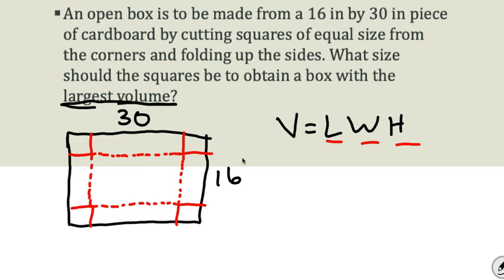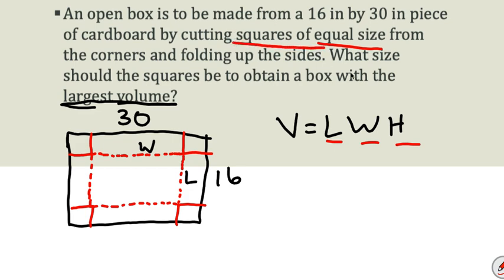So what do we know? Well, let's say this 16 was the length of the overall box. But really, your volume is just this part right here, length and width. And then your height is going to be this piece right here when this is folded up. All of these will be the same because it says they are cut from equal size corners, right? It's important that we know they're squares.